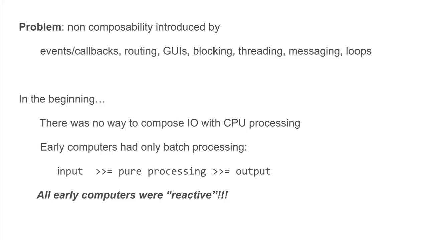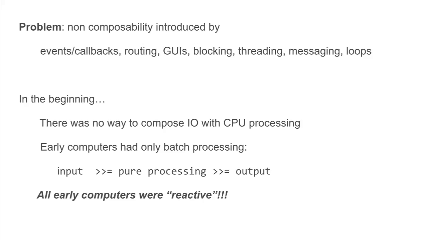Where we have many threads, we need some kind of blocking to achieve concurrency, messaging, and long-enduring loops that stop the computation, stop the next statement from being executed.